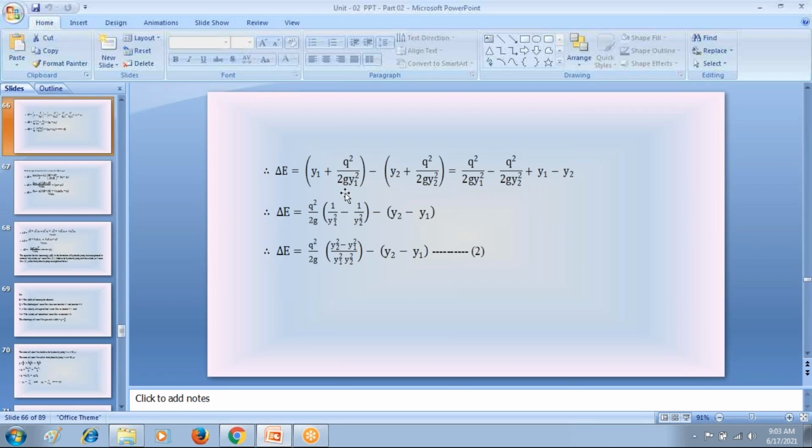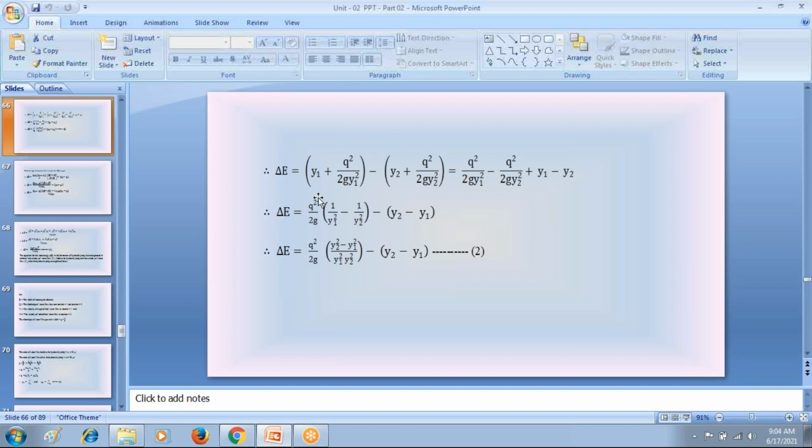E1 is Y1 plus Q square by 2g Y1 square, minus E2, which is Y2 plus Q square by 2g Y2 square. So take the discharge Q terms on one side. So it becomes Q square by 2g Y1 square minus Q square by 2g Y2 square plus Y1 minus Y2. Then on the right side, from the first two terms, take Q square by 2g common, and in the remaining two terms, take minus common.